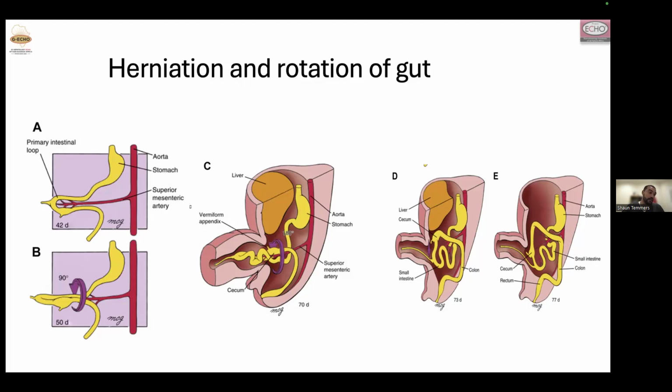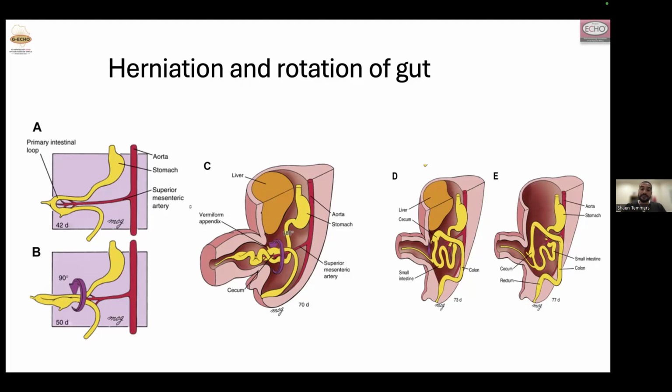This allows for elongation of the jejunal loops to occur, and the appendix and cecal pole is then rotated onto itself. It then gets rotated a further 180 degrees just before it reherniates back into the abdomen at about 9 weeks. Once it's back in the abdominal cavity, that 180-degree rotation allows the cecum to be positioned, as you can see in diagram D, in the right upper quadrant.